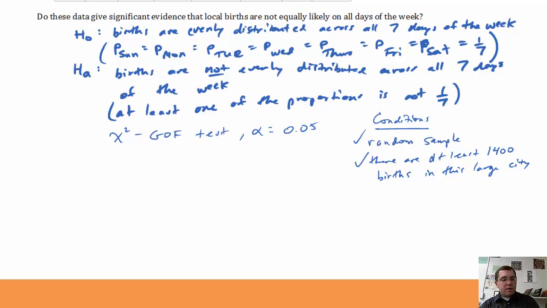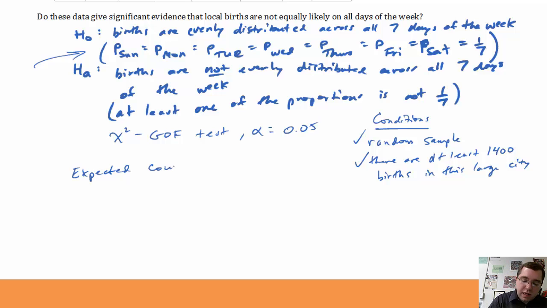And now, the condition that's unique to a chi-squared test, which is that all the expected counts are at least 5. So what do I mean by expected counts? Well, that goes to the null hypothesis. In the null hypothesis, we said they're evenly distributed, which means every day is 1/7 of the total. So what we would expect, and we'll write this out over here, we always, for any chi-square test, always need to write down the expected counts.